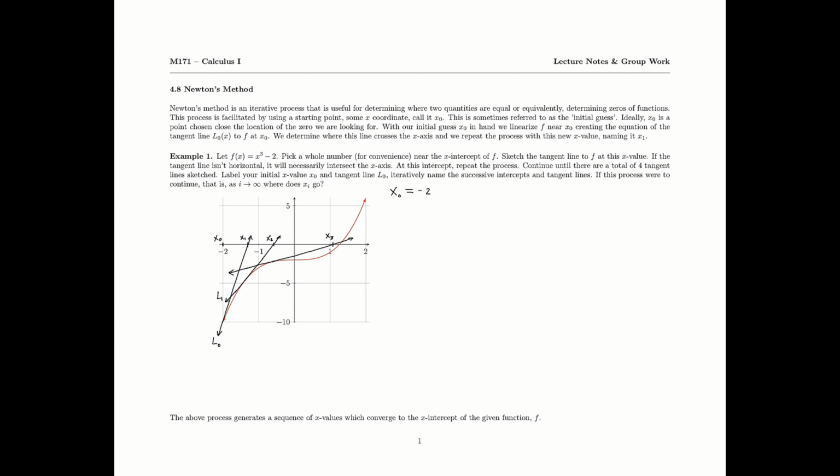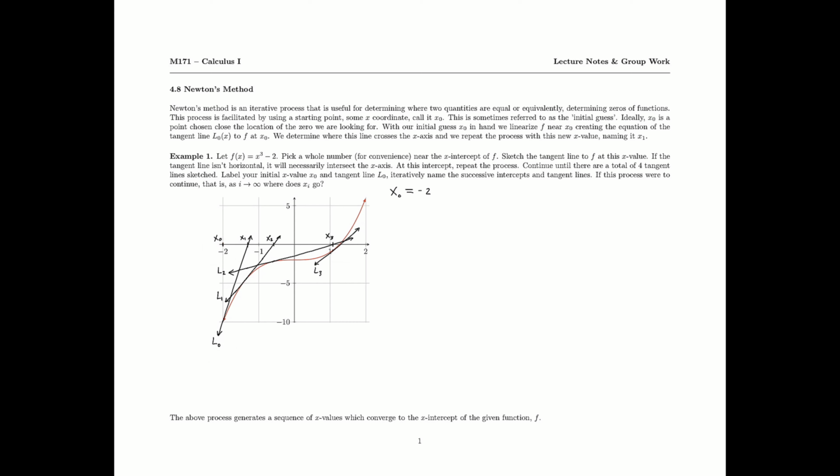So then if we follow this down, we get this point, and the tangent line there looks something like this. So hold on, let me label the last line. Oh, sorry, no, this is the L2 tangent line. This is the L3 tangent line, for a total of 4 tangent lines.